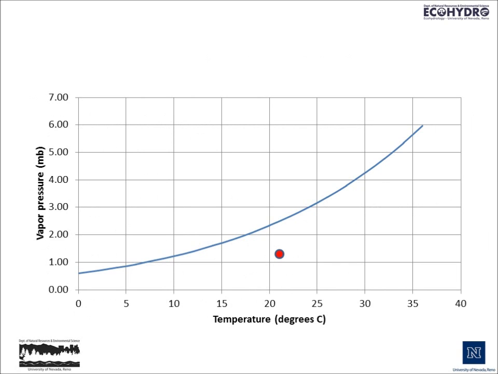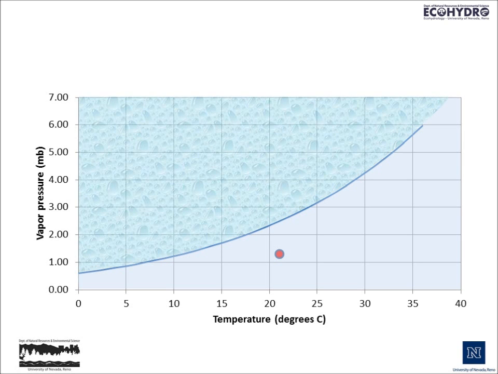But as an illustration of this, for the example that we just used, our temperature was about 21.1 degrees Celsius, which, given the dew point curve, lies here in an area where the air mass is unsaturated. The boundary at which we begin to see saturation is indicated here by the blue line, but we're in this blue zone in which the air mass is currently unsaturated.